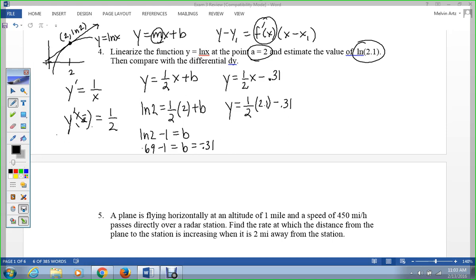So we would have 1/2 times 2.1 minus our 0.31. If we did that calculation, we would have 2.1 divided by 2, and that gives us 1.05.